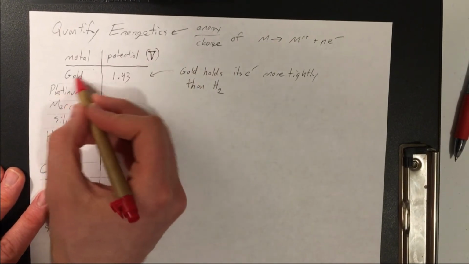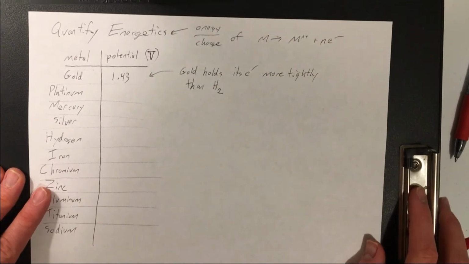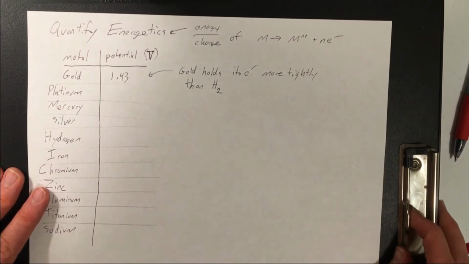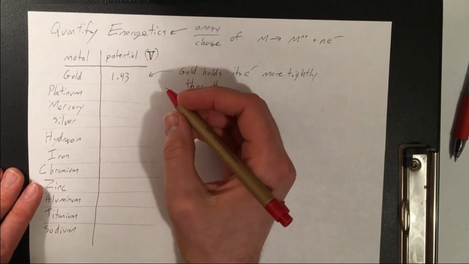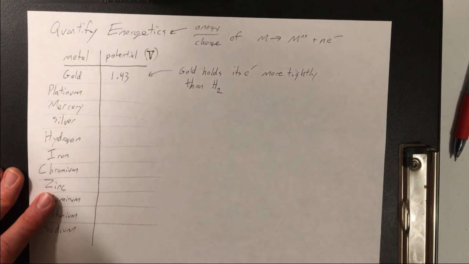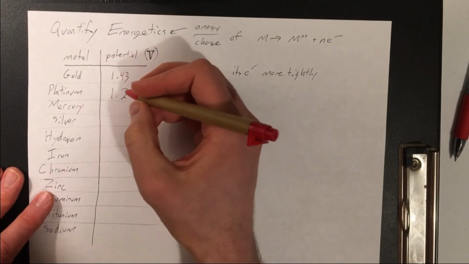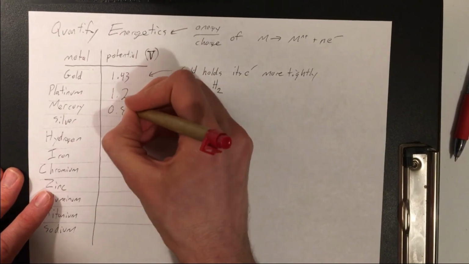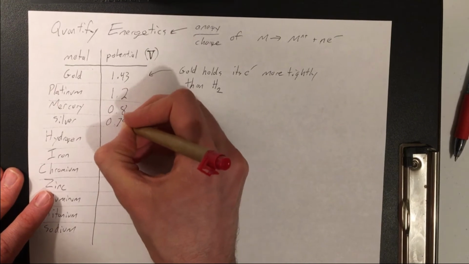And this leads to gold being a material that doesn't corrode particularly easily, right? This is why gold jewelry looks beautiful thousands of years later when they dig it out of tombs and pyramids and things like that. Platinum, 1.2, mercury, 0.8, silver, 0.79.